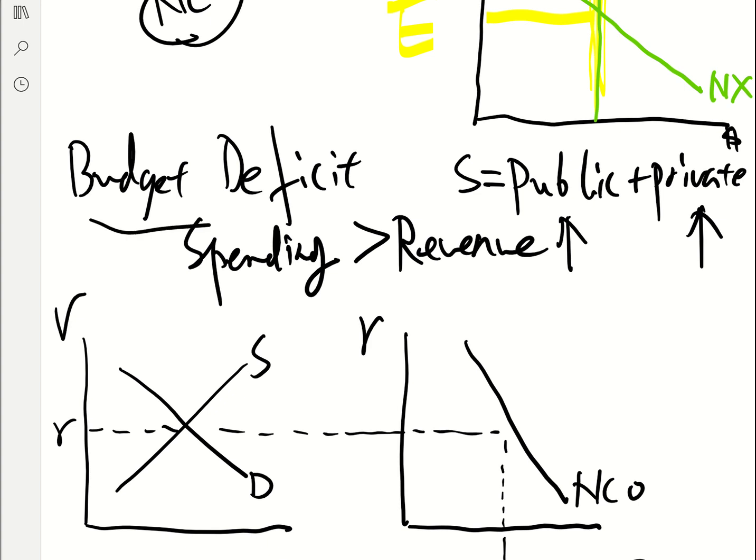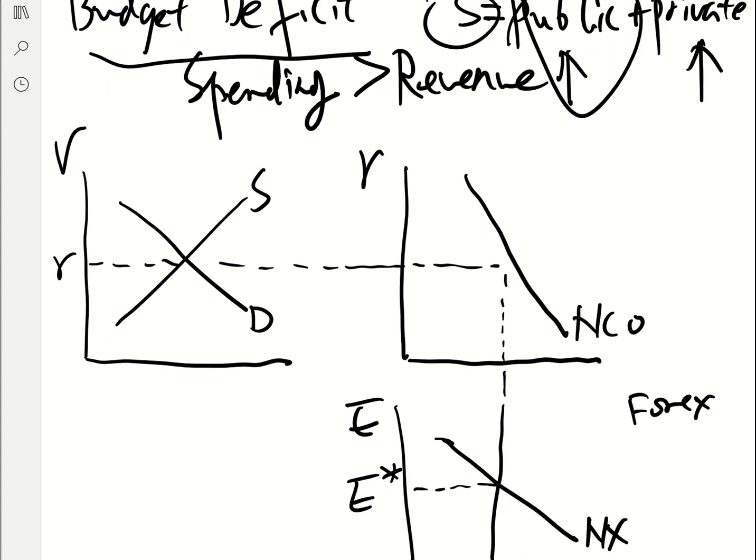So whenever you have a budget deficit, public saving will go down and national saving goes down. So I'm going to show a decrease in the supply of loanable funds. Supply will be shifting to the left, so let's call this S2. Now at a lower supply level, we have a new equilibrium, so there's a higher interest rate. Now when the interest rate goes higher, this will cause a change in our net capital outflow.